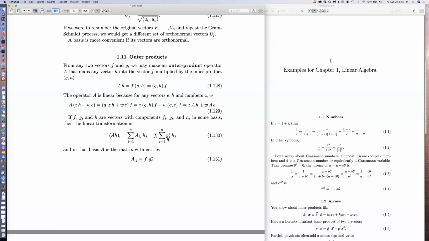And we're doing the star because in quantum mechanics, we deal with complex numbers, and consequently, we always put a complex conjugation there.